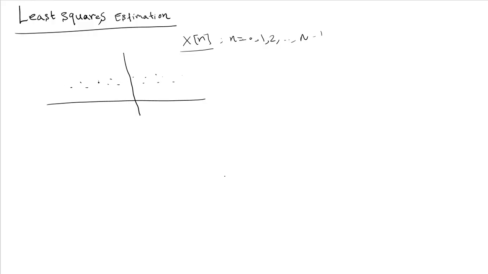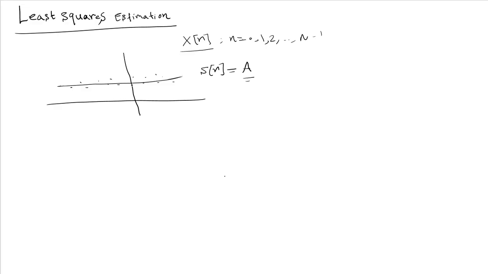I try to model this data with a constant model. For example, this is my model, and consider it as a signal model. It's a constant, for example, equal to a.